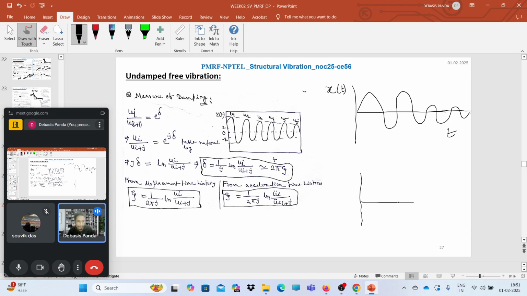From the displacement or acceleration response, how can we find out the damping ratio? We will just go through it.